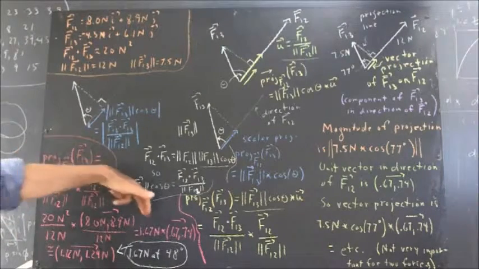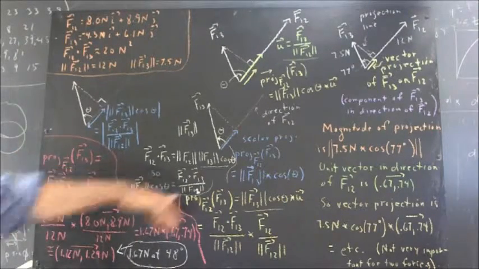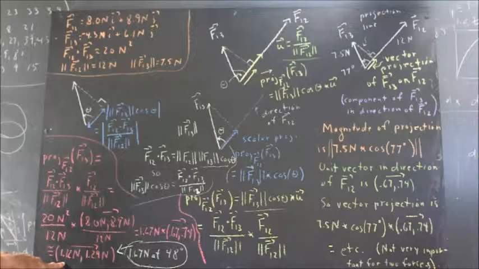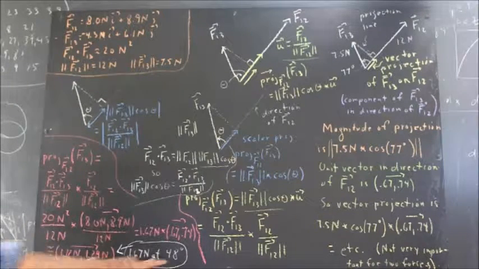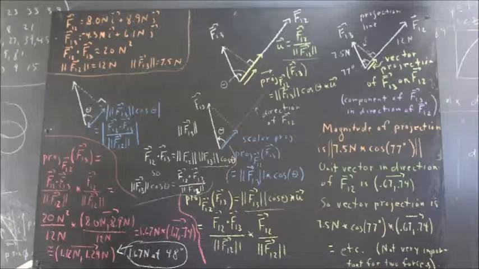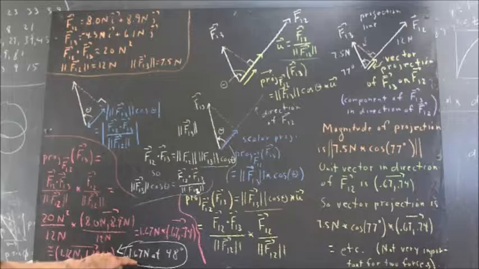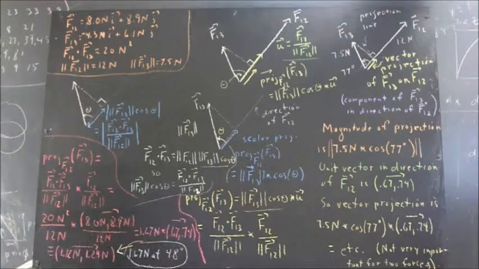And multiplying that out, it's very straightforward, we get 1.12 newtons, 1.24 newtons. And if we resolve that, take the arctangent of 124 over 112, we get 48 degrees, just a little less than 48 degrees, and we get 1.67 newtons. Not exactly because of round off, but it does round to 1.67 newtons as it should.